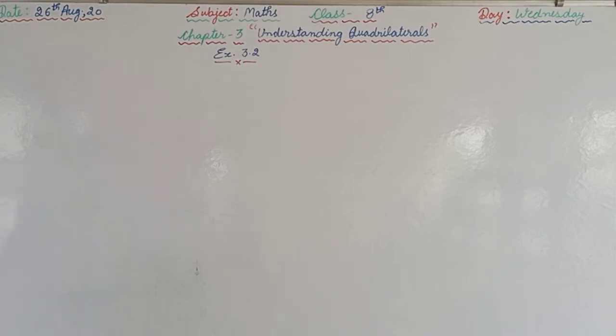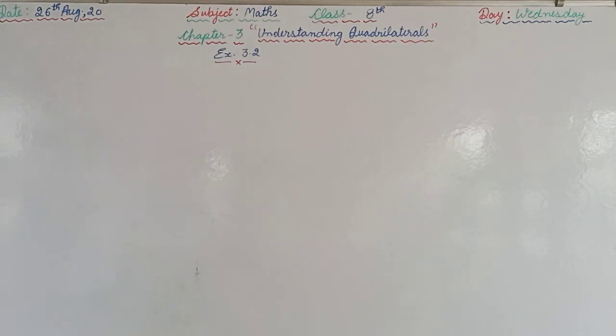What is the minimum interior angle possible for a regular polygon, and what is the maximum exterior angle possible for a regular polygon? If the interior angle is maximum, then the exterior angle will be minimum. The same thing is there. So if the interior angle is minimum, the exterior will be maximum.